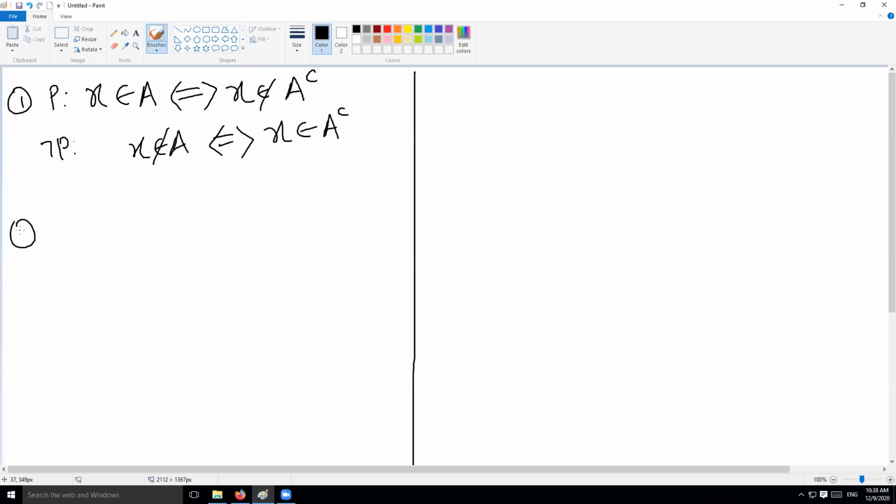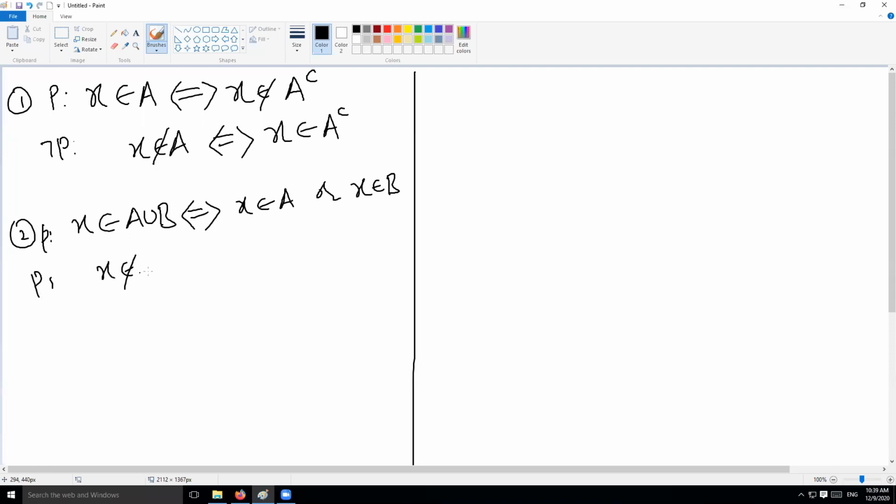What would be the second thing? If X is in A union B, this is going to be true if and only if X is in A or X is in B. What would be the negation of this statement?